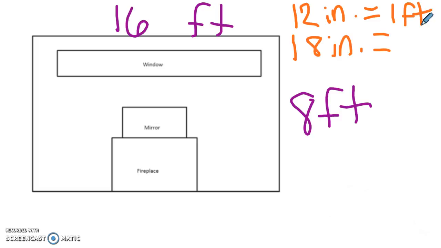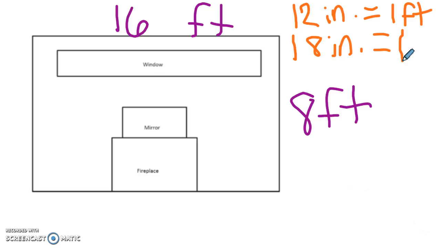So can someone raise their hand and tell me how we could do that? Okay, so what I thought of, I don't know if the same person that raised their hand thought of this, is that since there's 12 inches in 1 foot, I already know I at least have 1 foot. But I know that I don't have 2 feet because I would have 24 inches then, and I only have 18. So once I did 18 inches minus 12 inches, I had 6 inches left.